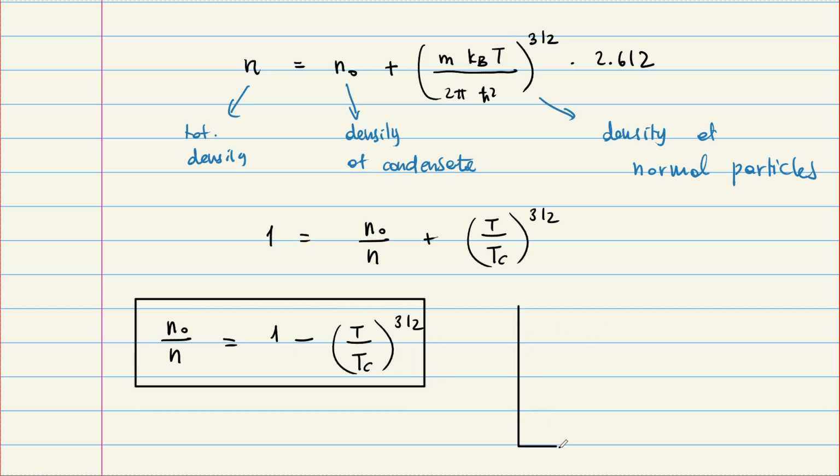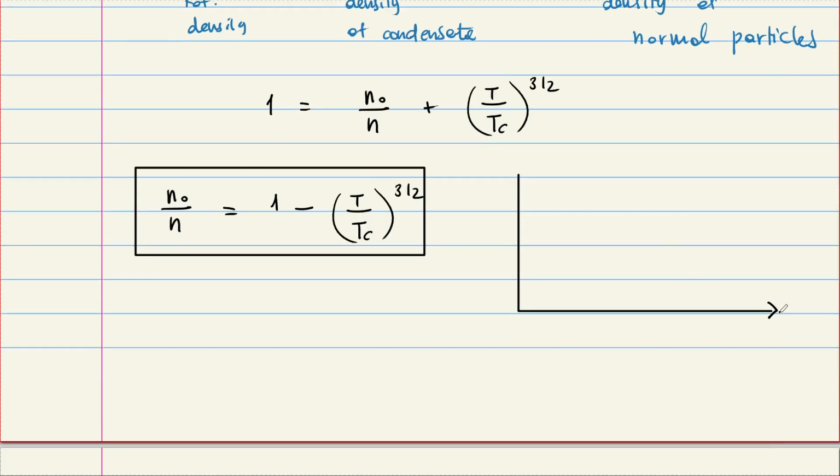And let's sketch that. As a function of the dimensionless temperature, T over Tc, there is a point where this is 1, and above this point there are almost 0 particles in the condensate, because it is energetically not favorable to put everything there.